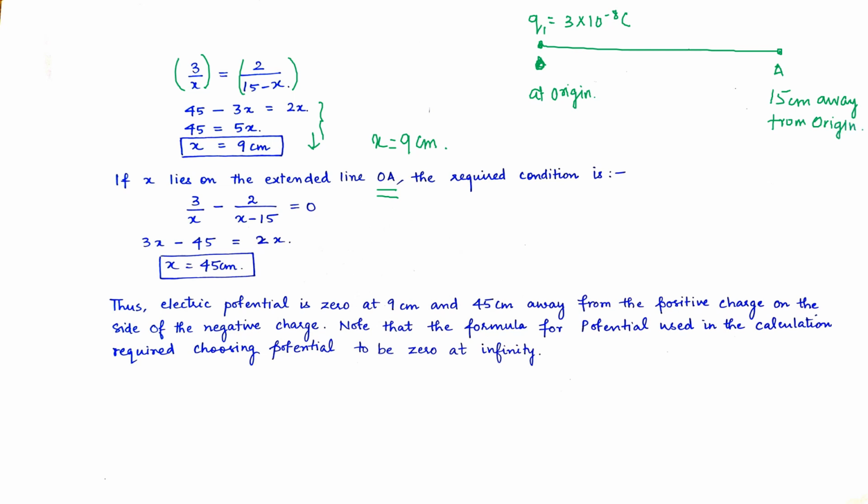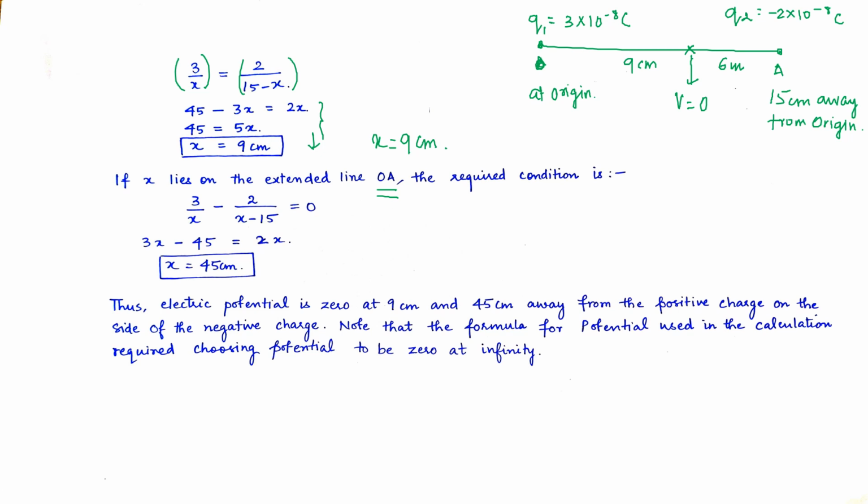Okay, so at this particular point we have found this is 9 centimeter and this is 6 centimeter, and at this point P, V will be equal to 0. At A, the charge which is present is minus 2 into 10 to the power minus 8 coulomb.